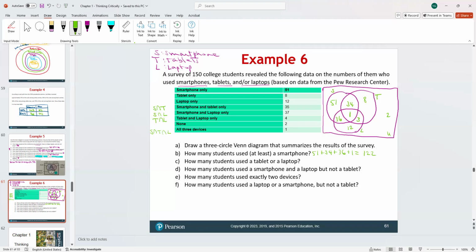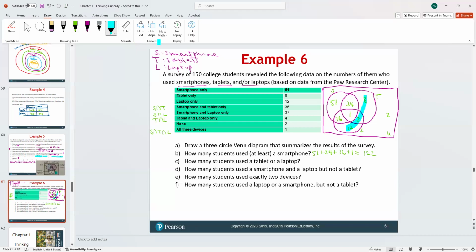So we need to avoid taking smartphone for this one. How many students use a tablet or a laptop? We're going to take everything that's common for tablet and laptop. Those are the ones, okay?